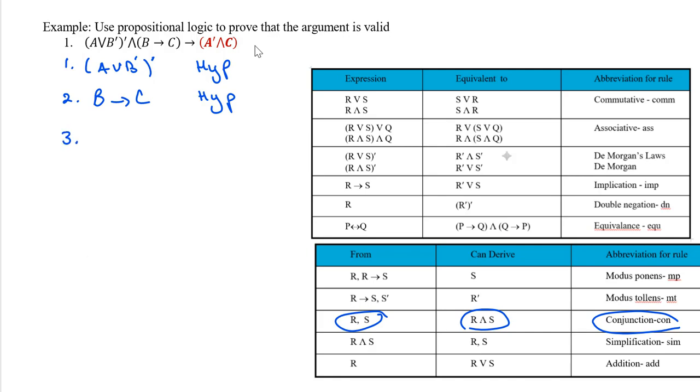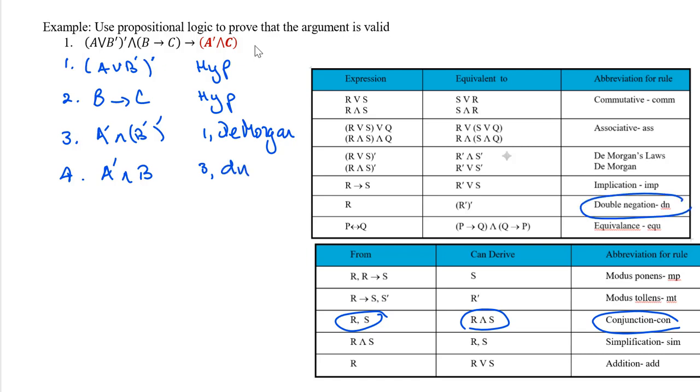Number three, I could use De Morgan's law, applied to line one. You have to state which line you use De Morgan's on. Next, I see that I could say not not B is just B, by double negation, and you have the list right here.